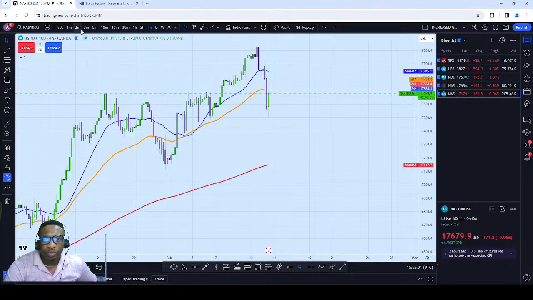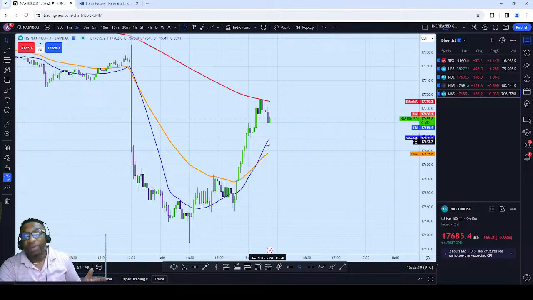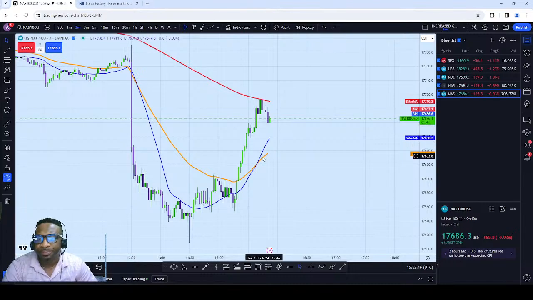But on the smaller time frame, we could take advantage, as all the moves start from the smaller time frame until it gets to the higher time frame. So if it's truly going to go up, we will first of all see it on the smaller time frame before it gets to the higher time frame.